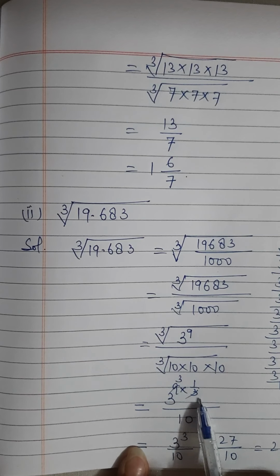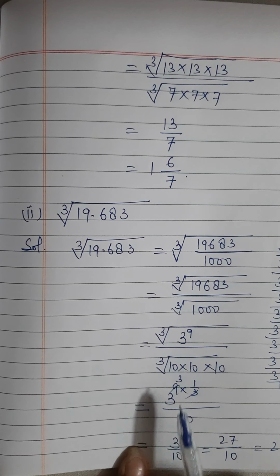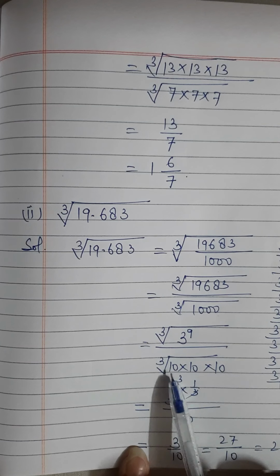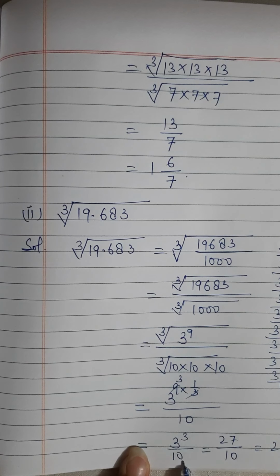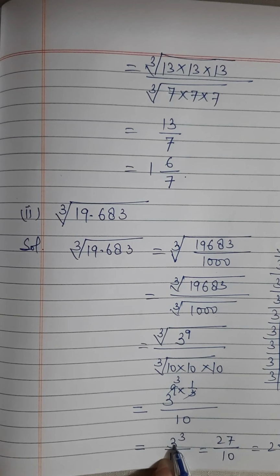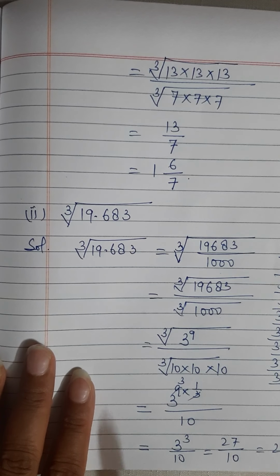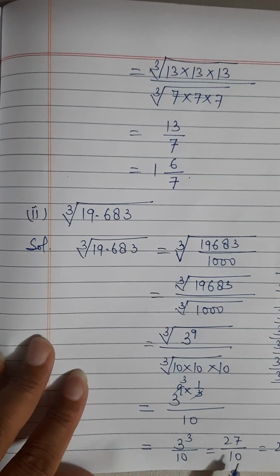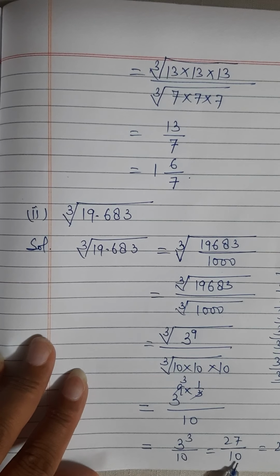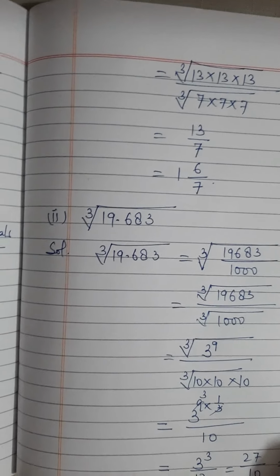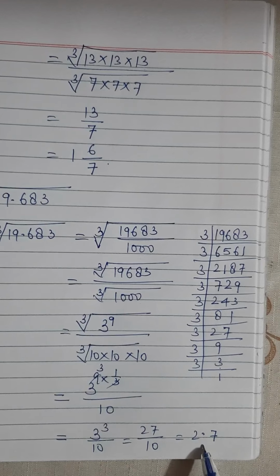Now we can cut 9 and 3, so this gives 3, and the cube root of this triplet gives 10. So the cube of 3 is 27, 27 upon 10, and 27 upon 10 gives 2.7. We have to put a decimal one place from the end as we have 10 in the denominator. Right, so this 27 over 10 gives 2.7.